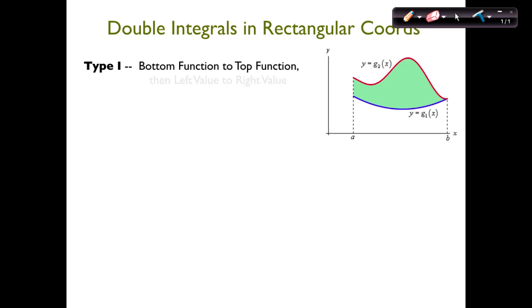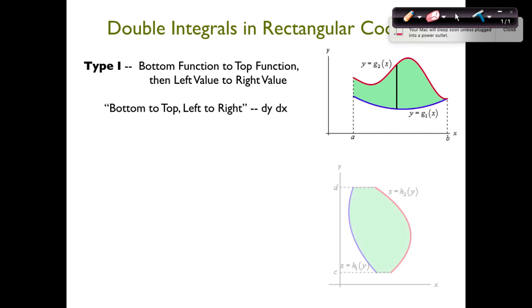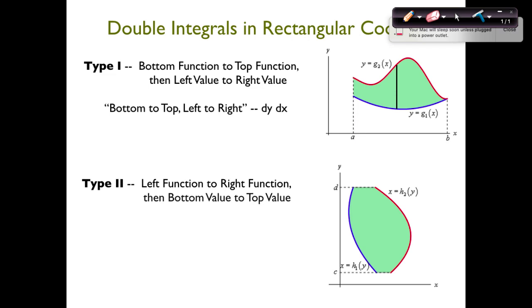Type 1: bottom function to top, left to right, dy dx. Type 2 is going to start with dx, which is left to right. There's a typical strip across, and then starting at the bottom, accumulating all the strips up to the top.